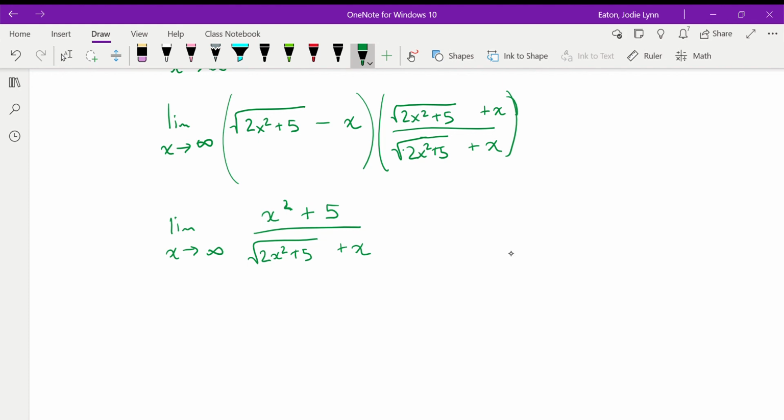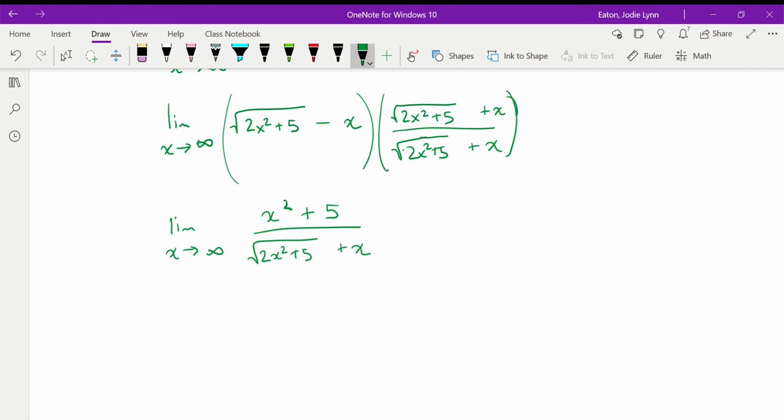So the highest power in the denominator is, we have an x squared under the radical. So what do we want to do? Well, we need to get a x squared under the radical. What I'm going to do is I'm going to multiply by 1 over x. Okay, so this is still plus infinity over plus infinity. So I am going to multiply by 1 over x.